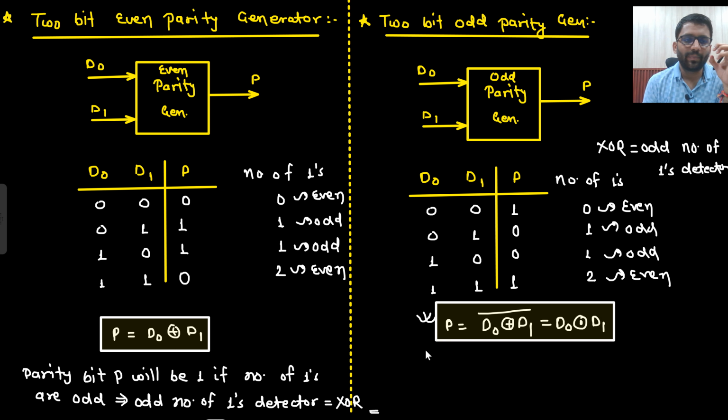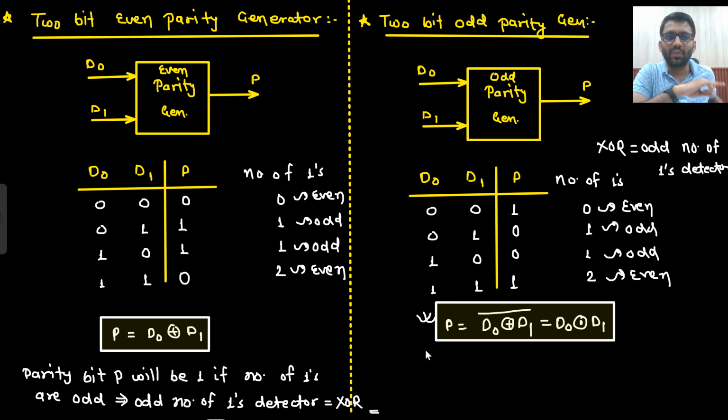This is my odd parity generator. First you will say, this is an odd parity generator. That means I need to make sure that the number of ones should be odd. So if the number of ones at the input is odd, then the parity bit will be 0. So it is the bar of the XOR gate.